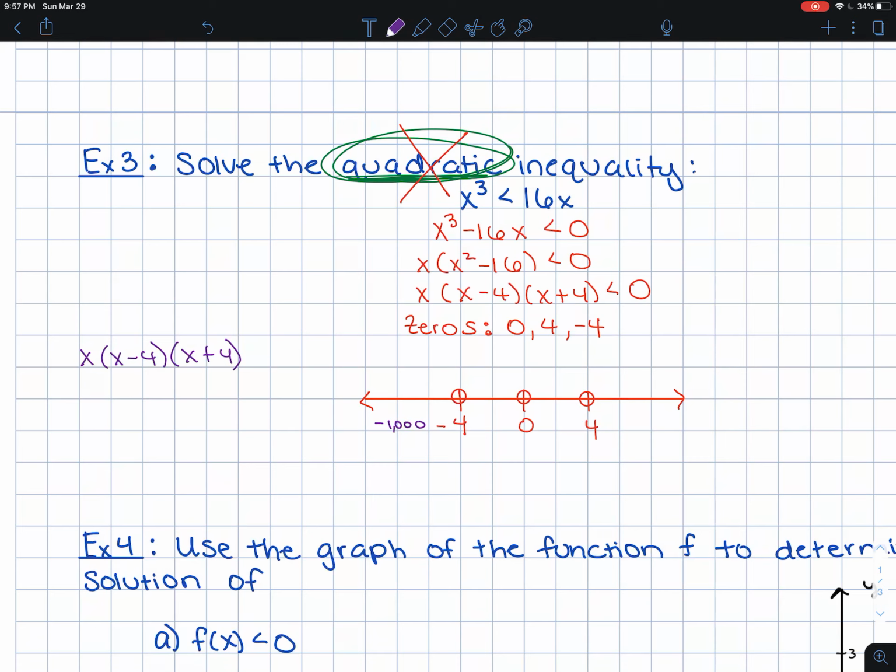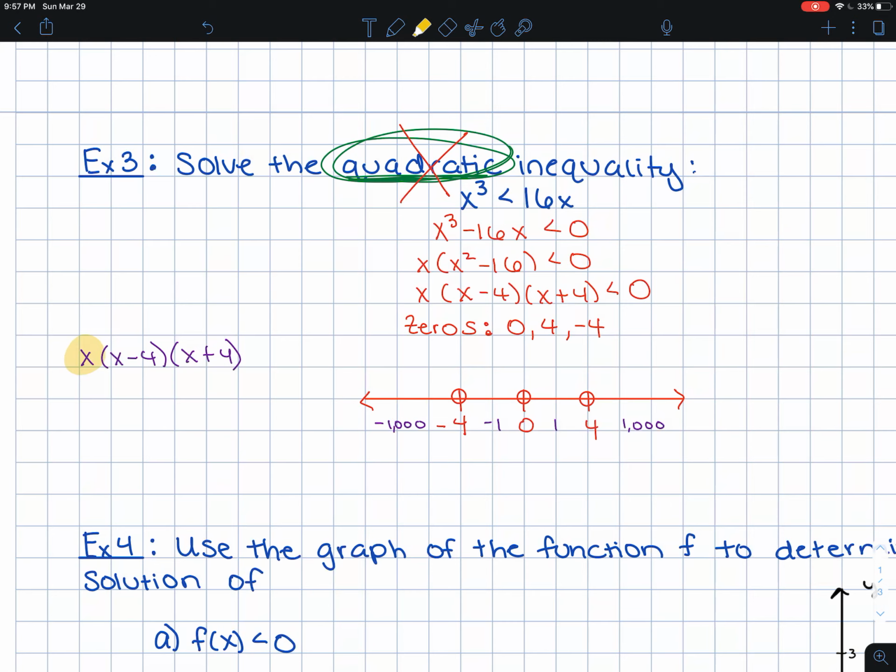For the second interval, I would choose negative 1. For the third interval, I would choose 1. And for the last interval, I'm going to choose 1,000. Now, I don't really care about the numerical value. So I just want to see whether my signs are positive and negative.